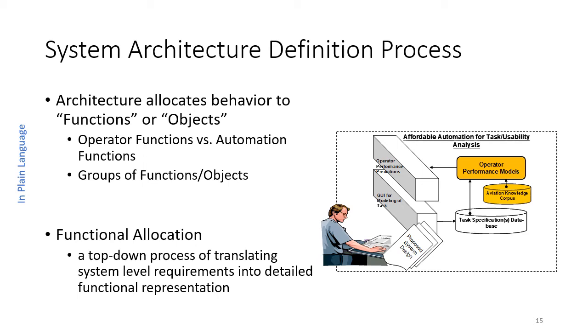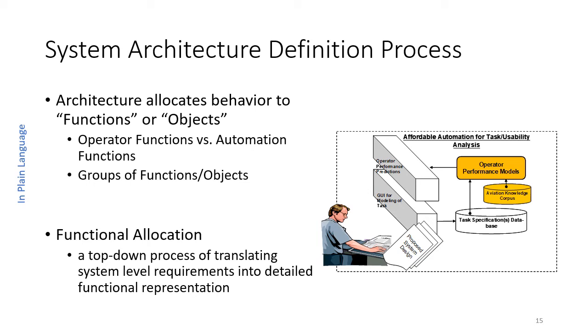At the end of the day, we're always building systems that are human-machine systems. We're not just focused on the machine or the automation part. We've got to take into account the human operator and their roles. So the very first thing that's typically done in architecture is to separate out the human functions, functions allocated to humans, from the functions that are allocated to the automation.